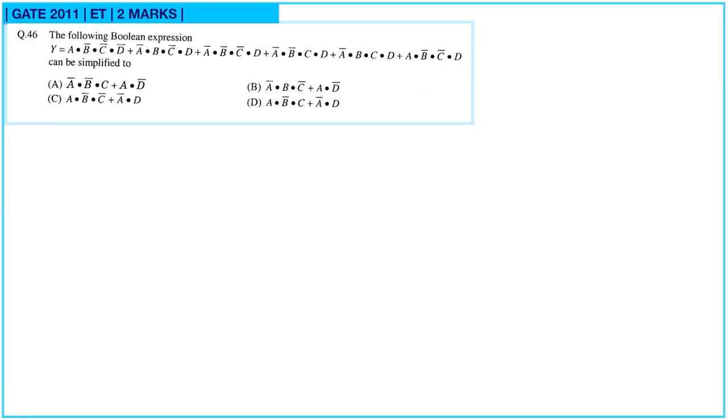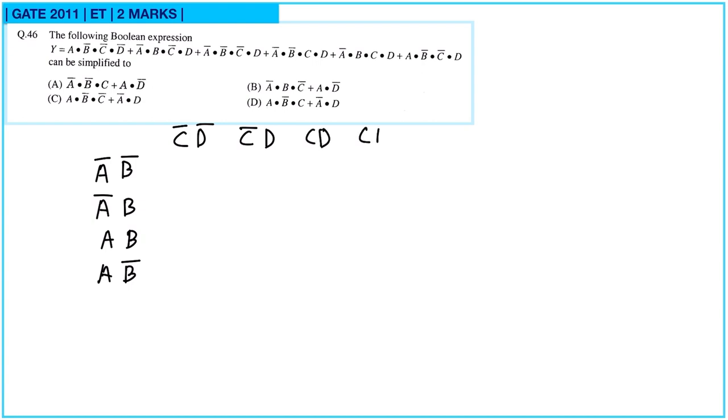Question 46. The following Boolean expression can be simplified to. So we can simplify this using K-map. So we have 4 variables. So first will be A bar B bar, then A bar B, then A B and then A B bar. And columns will be C D bar, similar to this, C bar D, then C D and then C D bar.